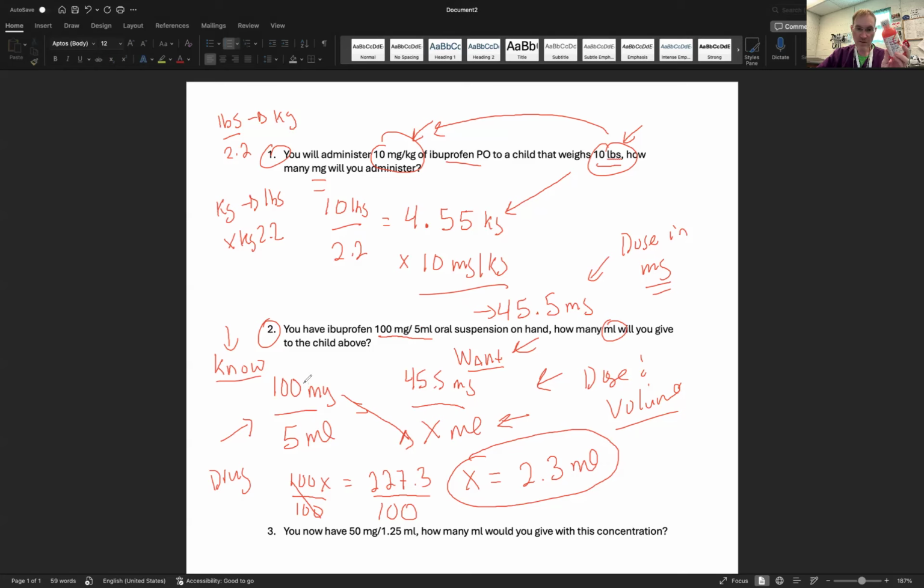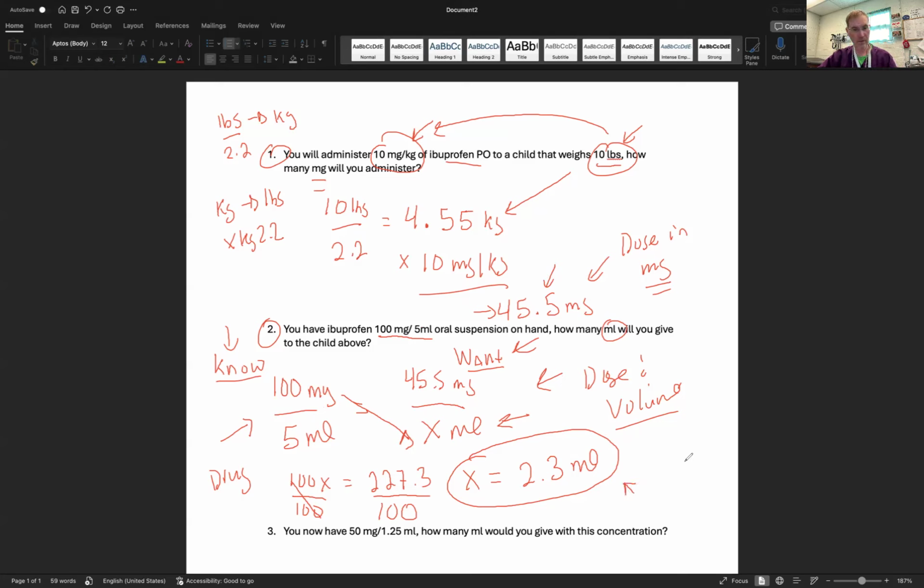So there must be 50 milligrams in 2.5 milliliters, and I'm giving slightly less than 50 milligrams, and 2.3 milliliters would be slightly less than 2.5. So that does seem to pass the smell test, and that seems to be a reasonable volume, and that is in fact the correct answer.